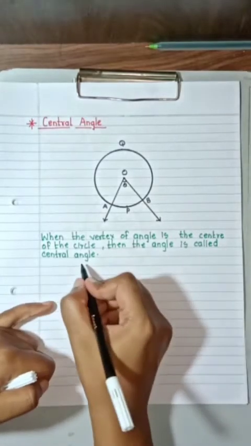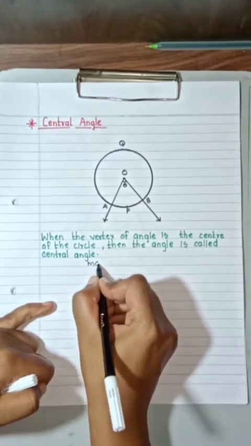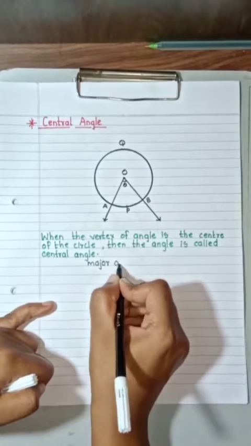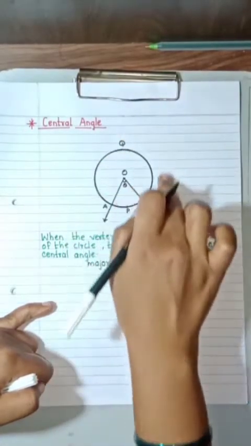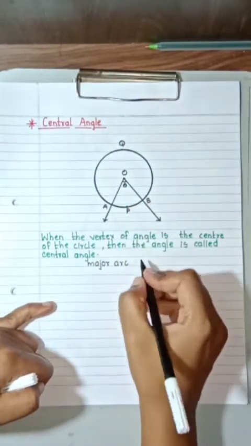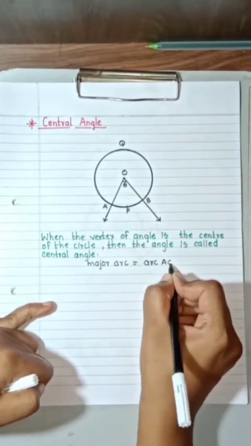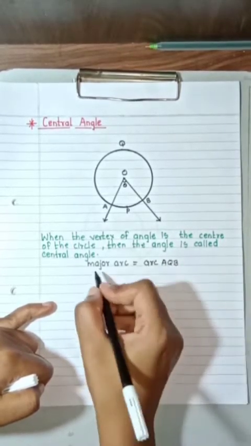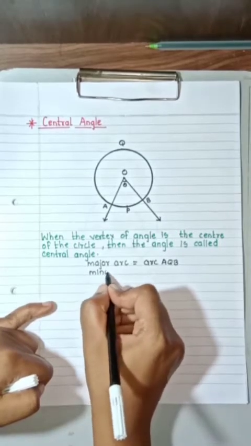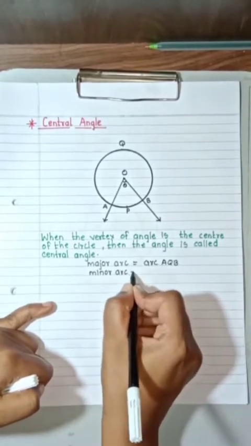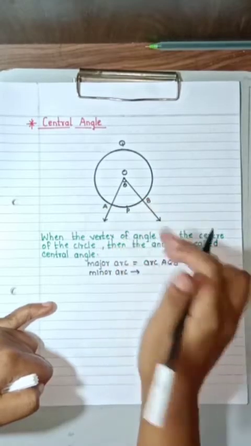Major arc is equal to arc AQB, and minor arc is equal to arc APB.